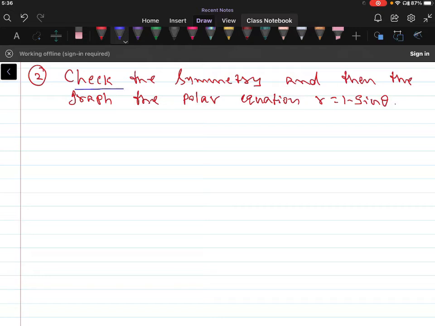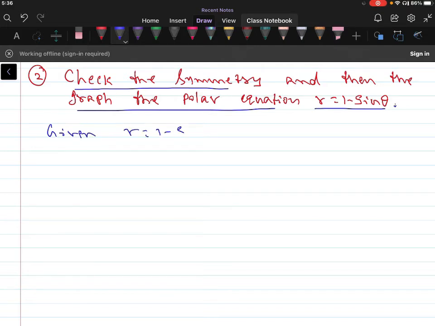Check the symmetry and then draw the graph of the polar equation r is equal to 1 minus sin theta. We'll move to the construction of the polar curve r is equal to 1 minus sin theta. Given r is equal to 1 minus sin theta, let us call this equation 1.